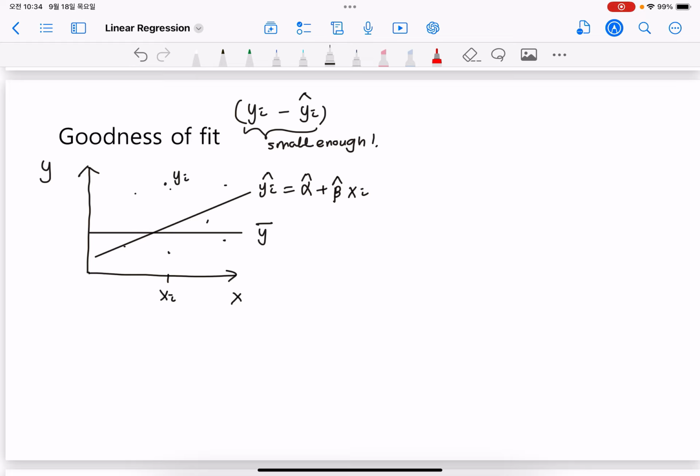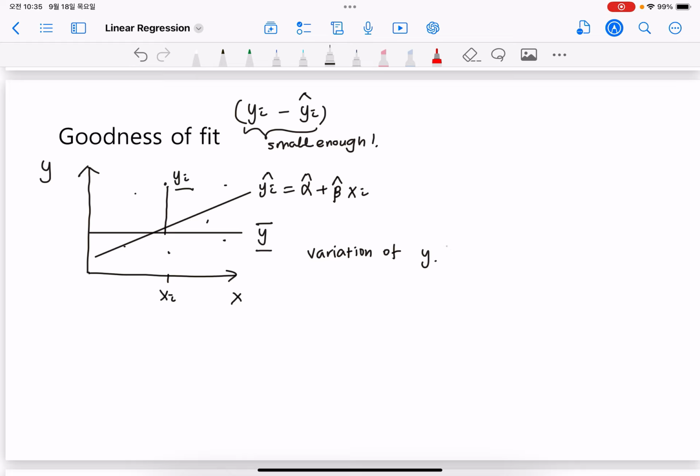And here we are interested in the variation of y. Variation of y is expressed in the distance between yi, the actual term, and the y bar, the average.